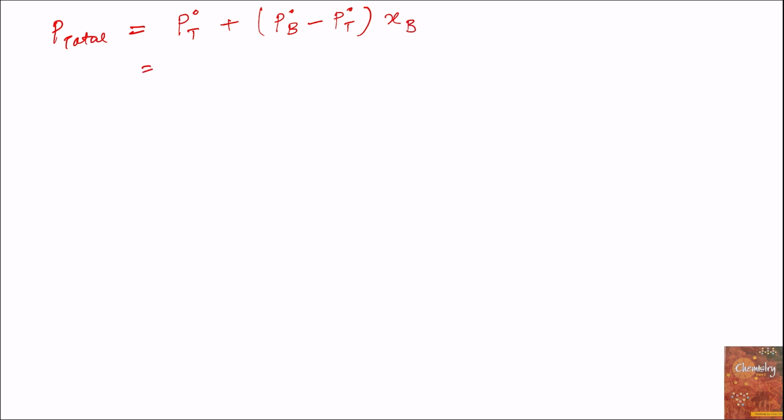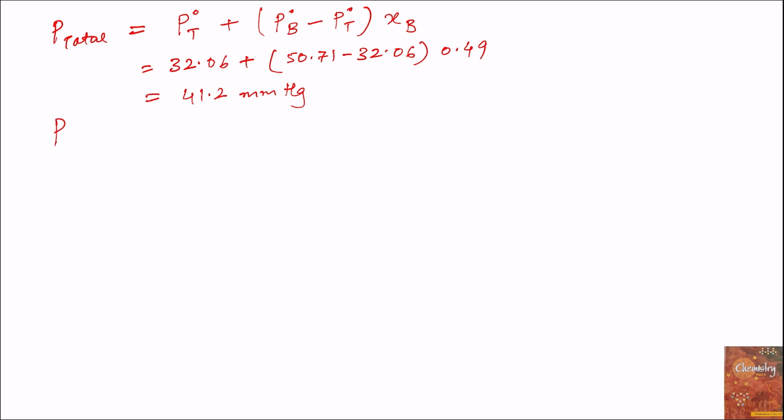Putting the values, this is equal to 32.06 plus 50.71 minus 32.06 multiplied by 0.49. Solving, total pressure is equal to 41.2 millimeter of mercury.